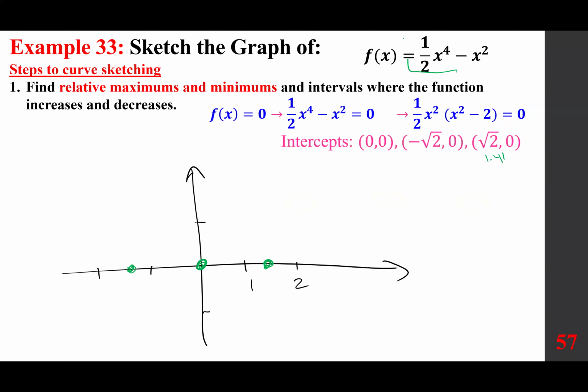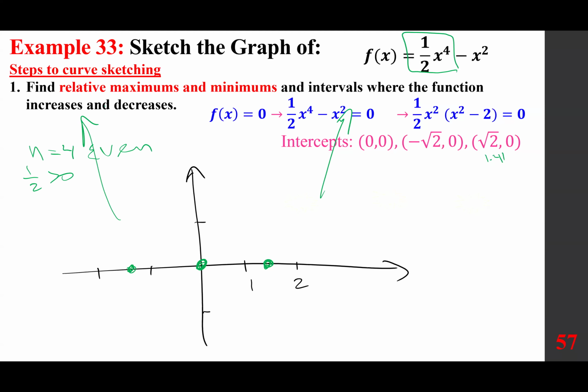When we look at this one, the leading term, half of x to the power 4, the exponent n is even, and 1/2 is positive. So it looks like y equals x squared, the end behavior.